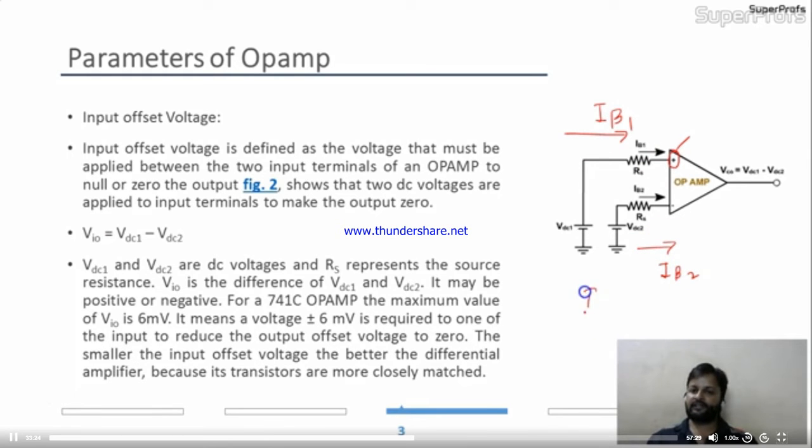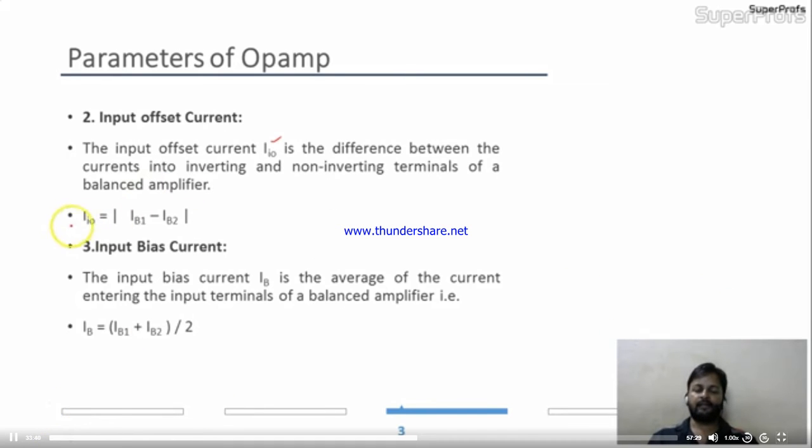So the difference IIO, the input offset current, is the difference of IB1 minus IB2. Is it okay to you? So IIO is given by the mode of, we are considering only magnitude, IB1 minus IB2. Okay, so this is the input offset current.